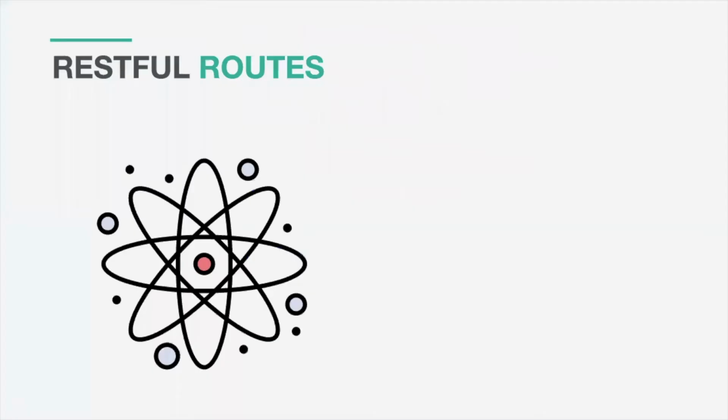Okay, so when we talk about RESTful routes, we have to familiarize ourselves with the different HTTP verbs that we'll be working with, because Laravel uses those as specific methods that we can call upon when we write our routes. The first one is get. Now, this is the one we've been seeing before.